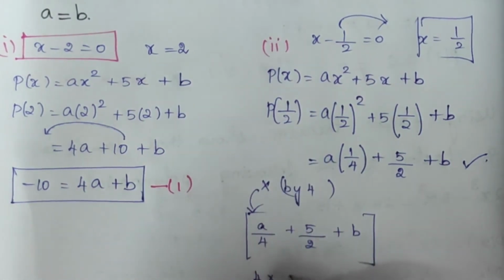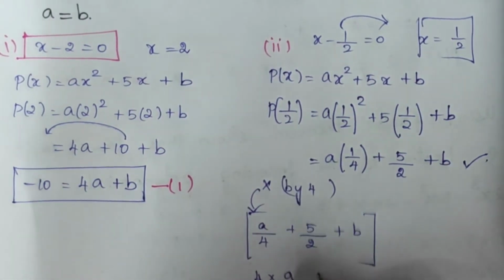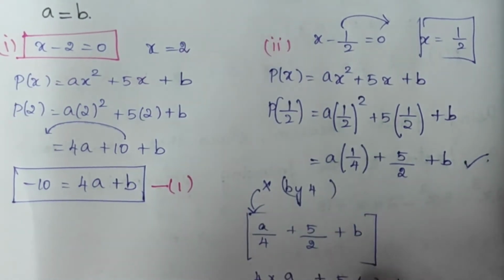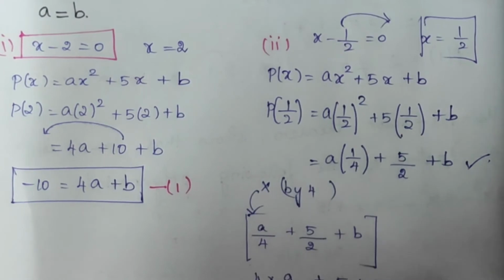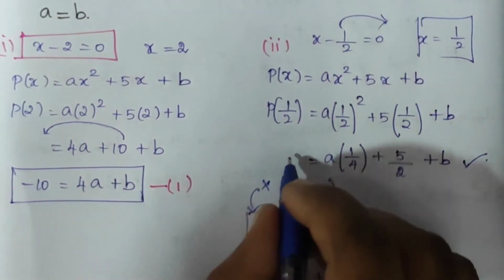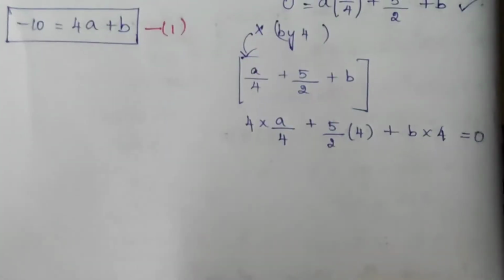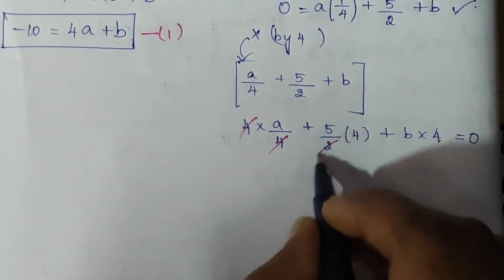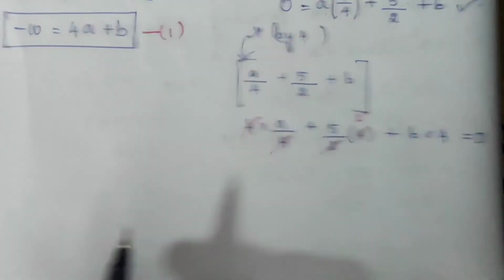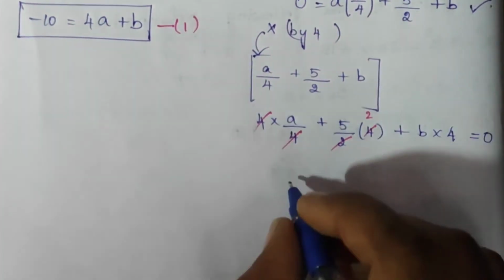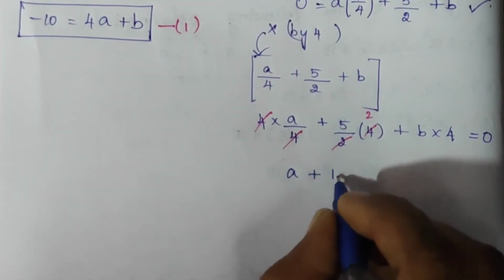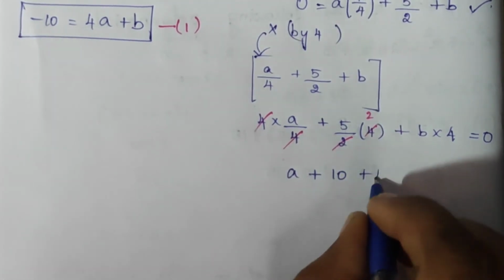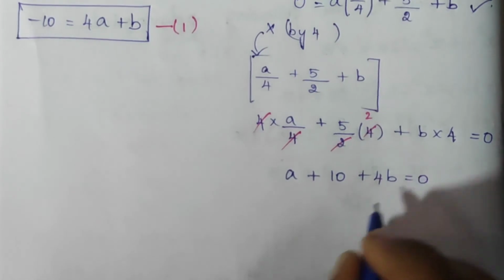Okay, so 4 into a by 4 plus 5 by 2 into 4 plus b into 4 is equal to 0, since it is a polynomial. Okay, so now cancel this 4 and 4, and 2 twos. We get a plus 10 plus 4b is equal to 0.